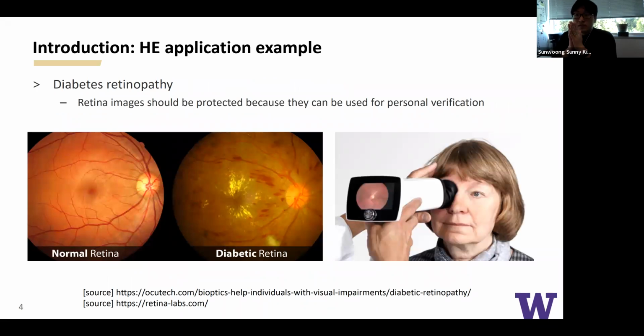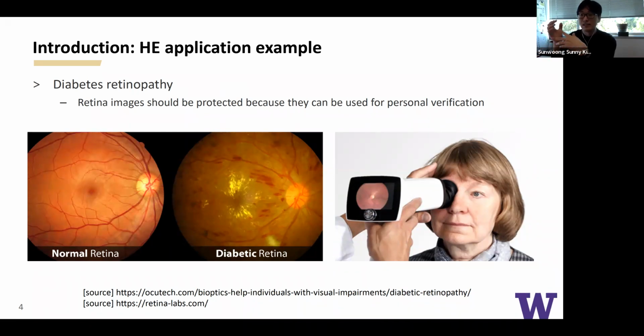And one possible homomorphic encryption-based real-world application is diagnosing diabetic retinopathy. Diabetic retinopathy is a disease that can lead to blindness when the blood vessels in the retina are blocked.